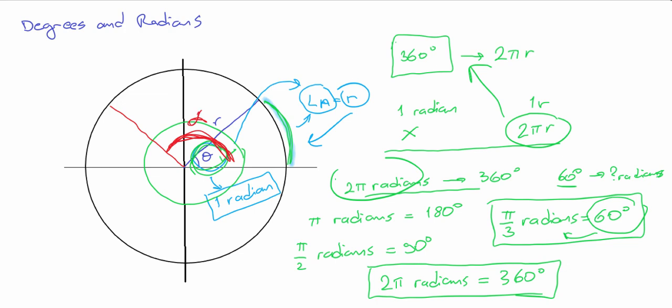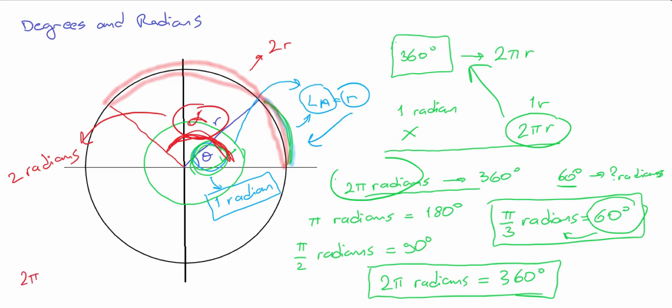And this alpha is going to define this arc, right? And if the length of this arc is 2r, then what is alpha going to be? You can tell me, 2 radians. And if I collect 2 pi of these radians, again, I'm going to have the complete circle, which is 360 degrees.